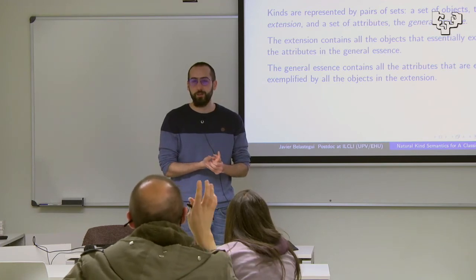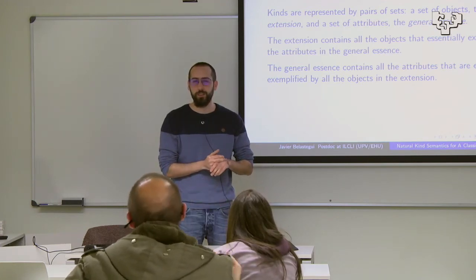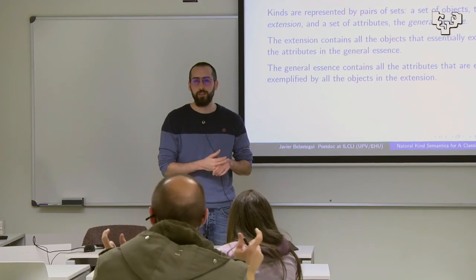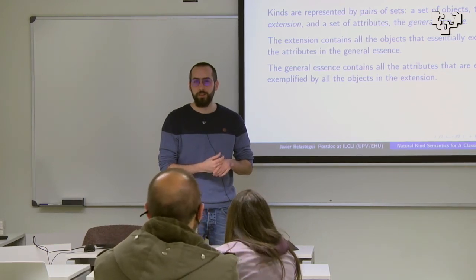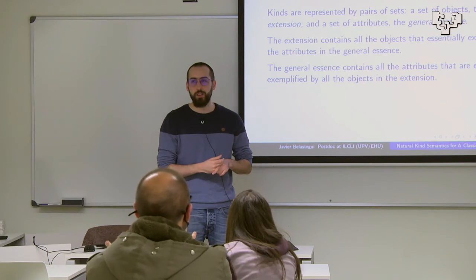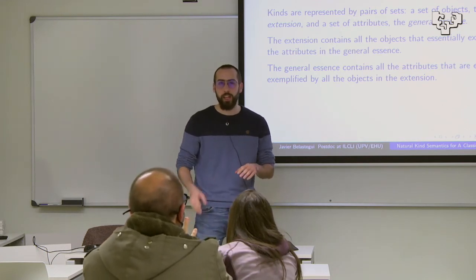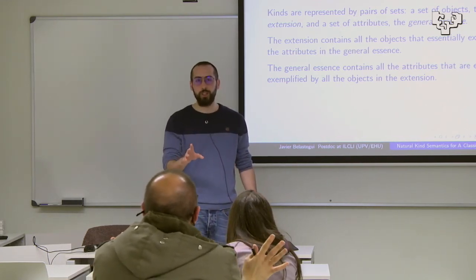The thing is that it seems to me that in your system, it is possible to define two different kinds. To define a kind, you need two sets: the first one is the extension, and the second one is the attributes, and they have to be suitably related.